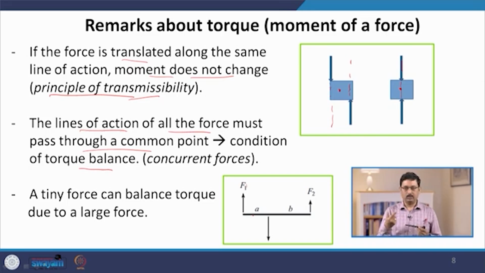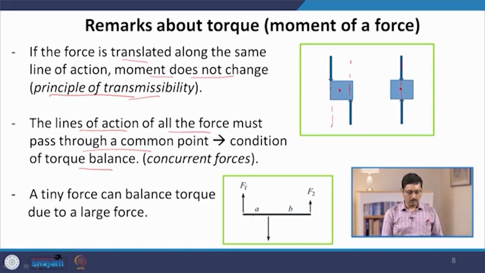It is from experience that if you push the door, suppose this is an object and you are computing the torque about this fixed point. If you apply a force at this point, the distance between the line of action and this fixed point is big, and if you apply the force here, you are reducing the distance. So, in order to move the object by the same amount, you need to apply more force. This is also illustrated in this picture.